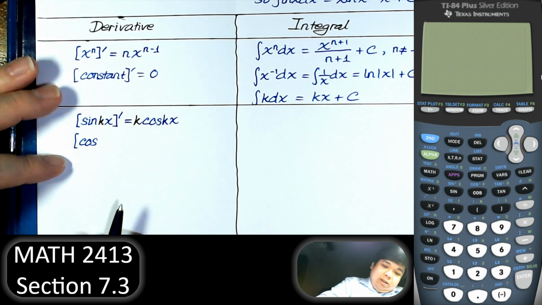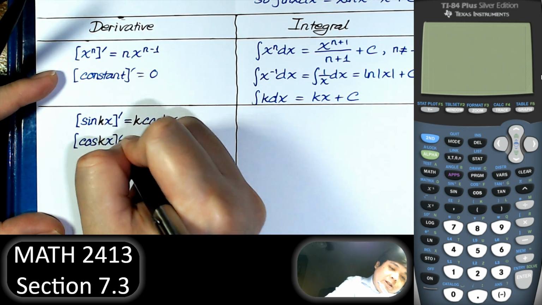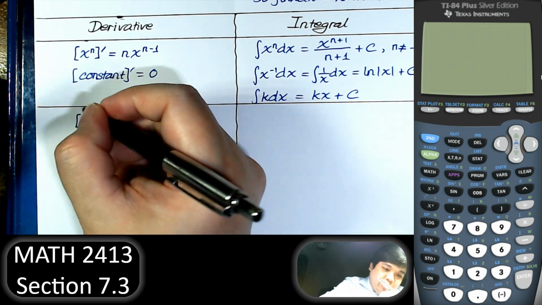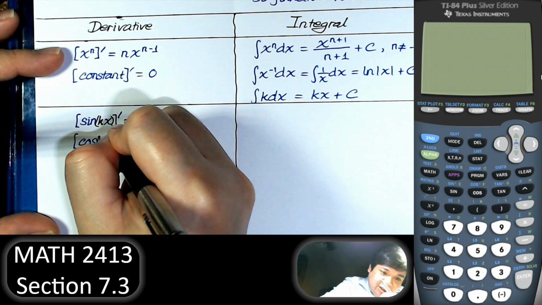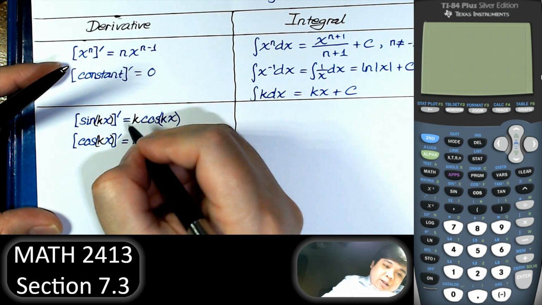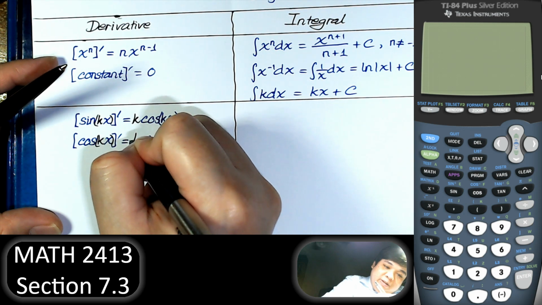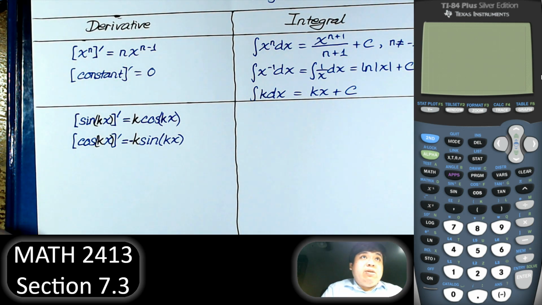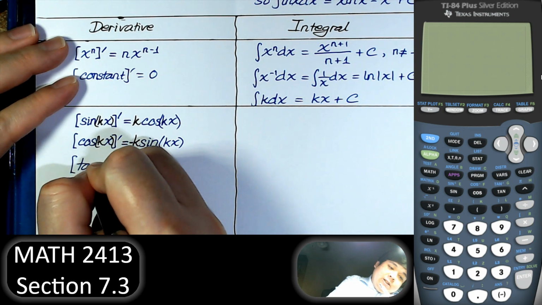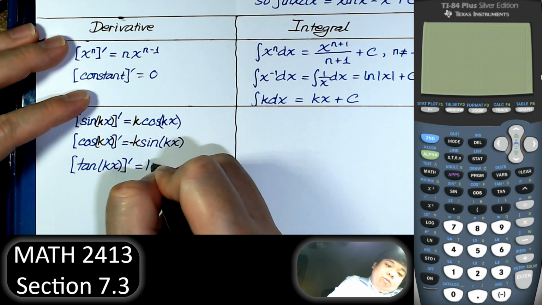Cosine, if there's a k, then we just, I should put the parentheses here, it's going to be k sine of kx. Of course, it's negative. Derivative of cosine is negative sine. All we need to do is just multiply the k to it. Now to get the idea, tangent, now I just write like this, is secant squared, but then we multiply by k.